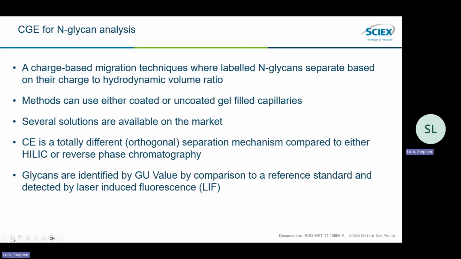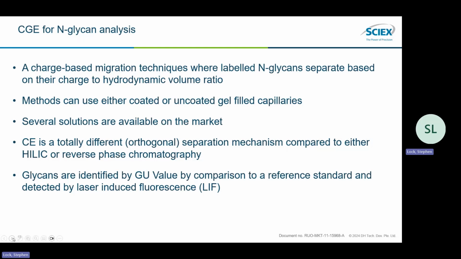And there are several types of CGE solutions available in the market. It's a totally different separation mechanism to HILIC, but it's orthogonal, so it can give you additional information that you may sometimes miss with HILIC.